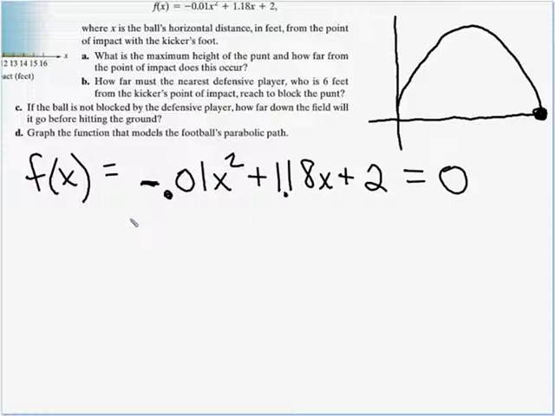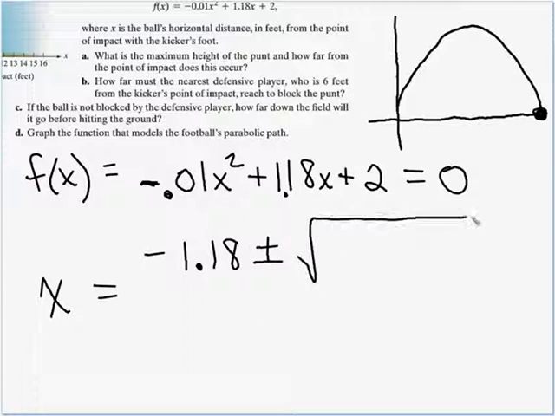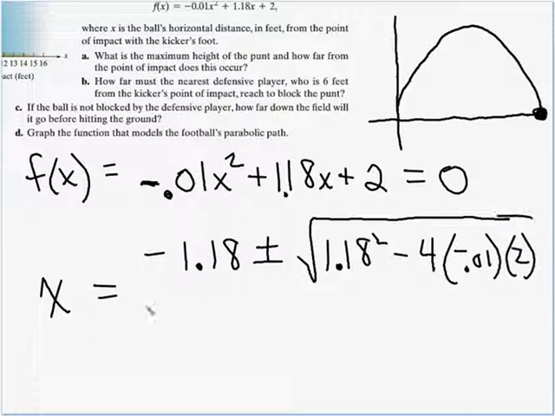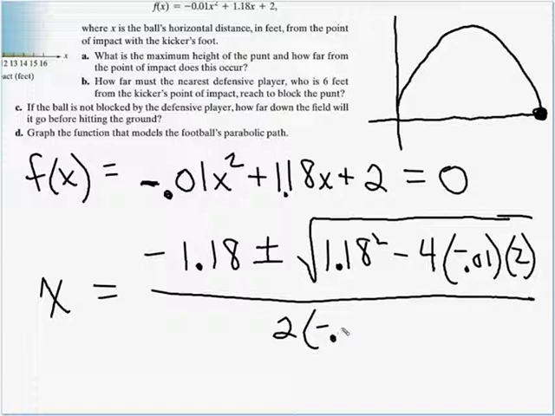Probably the easier way to go is going to be the quadratic formula. x equals negative b plus or minus the square root of the quantity b squared minus 4 times a times c, all divided by 2 times a.